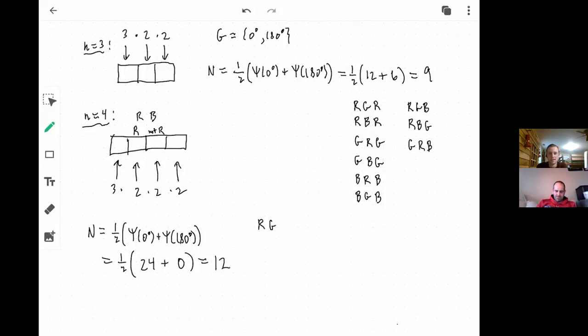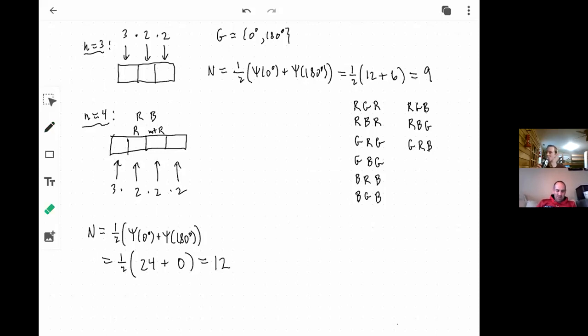It's going to be red, green, green, red, right? Yeah. Okay, what about red, blue? Well, then it would be blue, red. But aren't those breaking the rule though? Oh, yeah, which is why, that's right. Those are breaking the rule. Thank you.